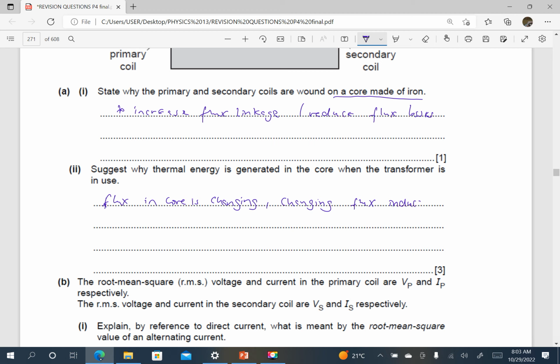and then the changing flux induces eddy currents in the core. The induced eddy currents dissipate energy in the core. The induced eddy currents in the core cause heating.